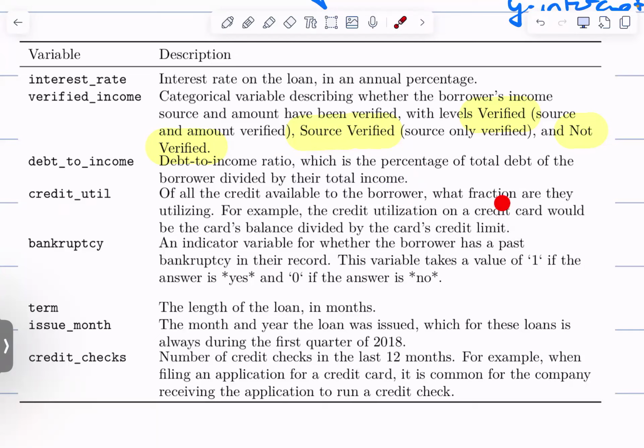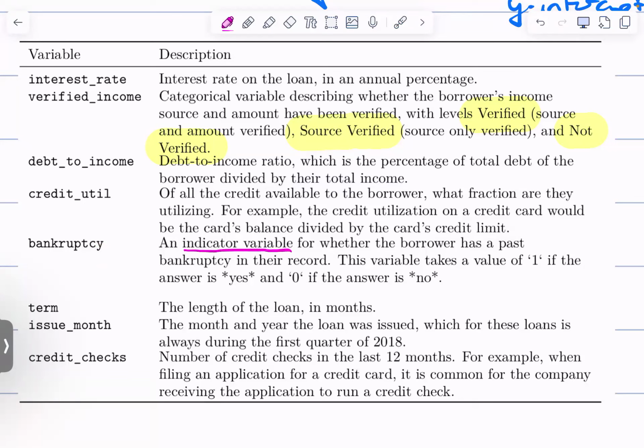Usually they look at what your credit limit on your credit card is and how much of it is borrowed. You usually want to use a small amount, because then that credit ratio looks good. Bankruptcy is an indicator variable, which we'll talk about. An indicator variable is sometimes called a dummy variable, which I think is more fun, or maybe mean.